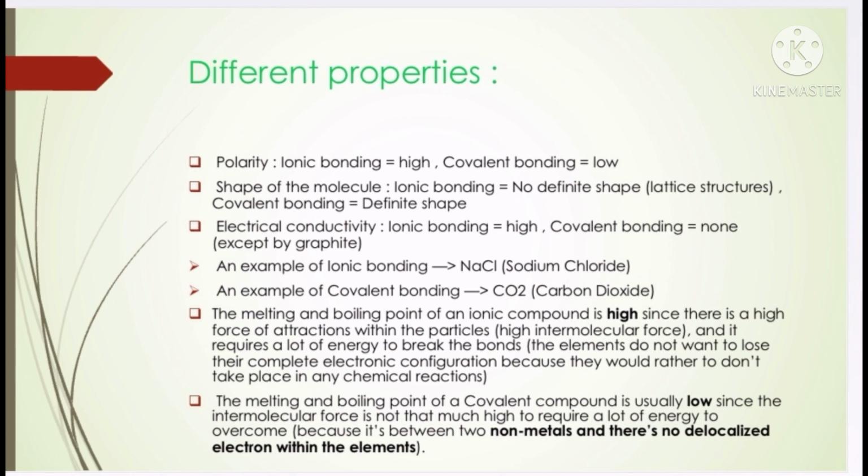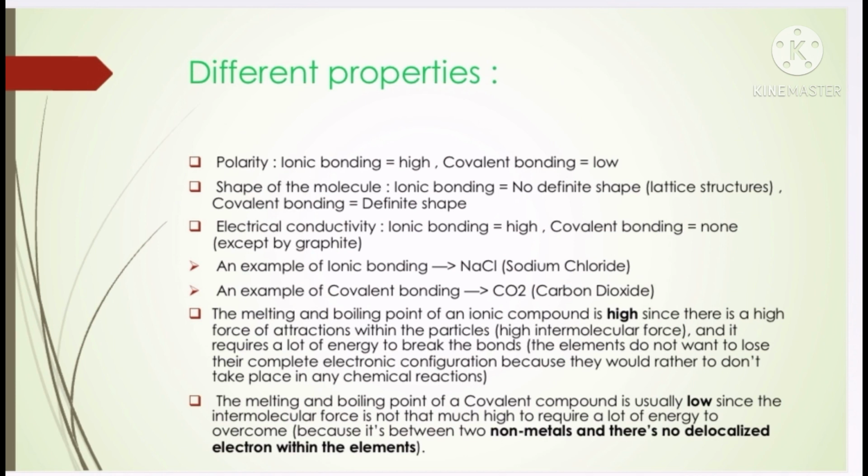So they are going to be placed in an ionic bond or in a covalent bond, depending on their properties. They are going to gain, or lose, or share their electrons in order to complete their electronic configuration. So it's really easy, it's really simple.